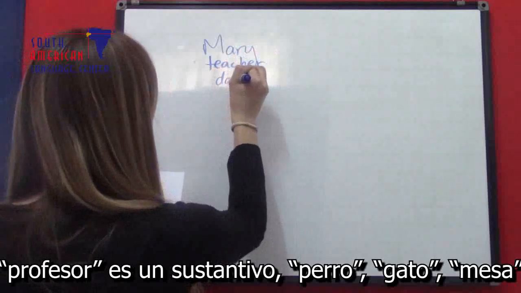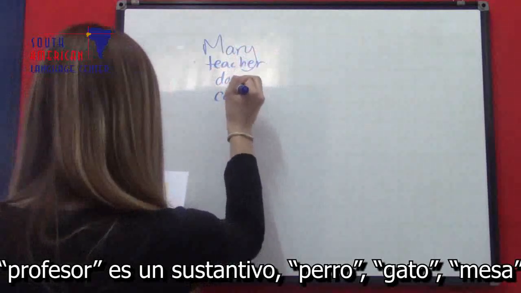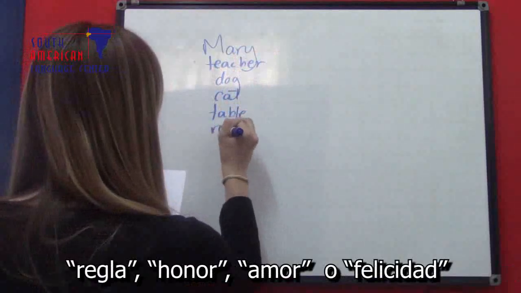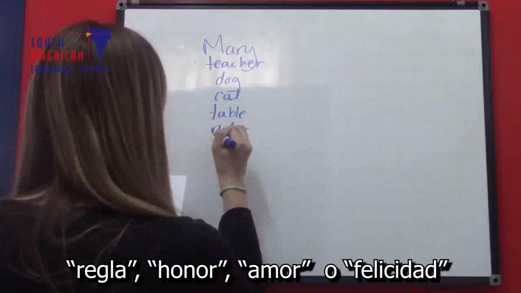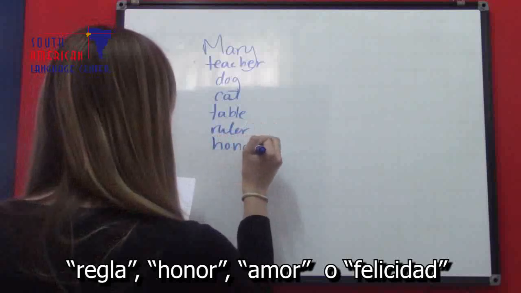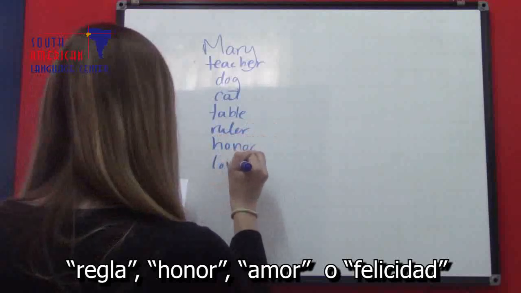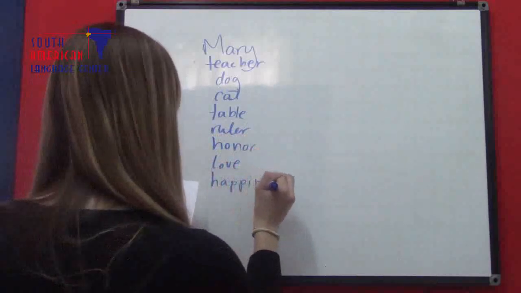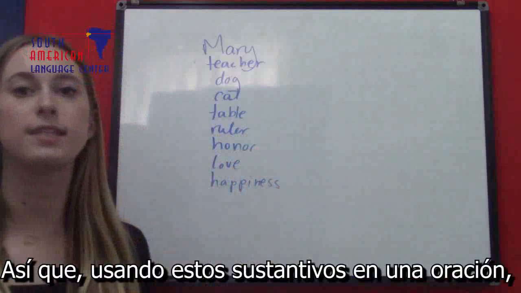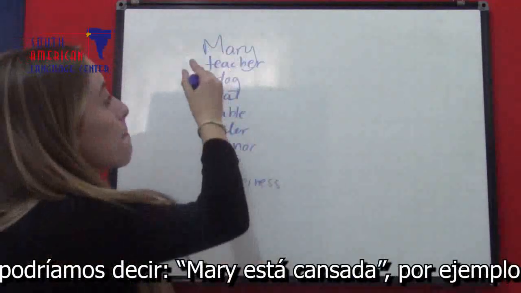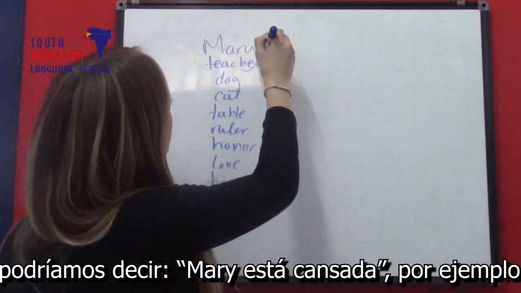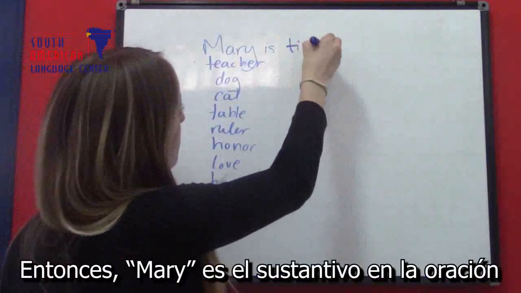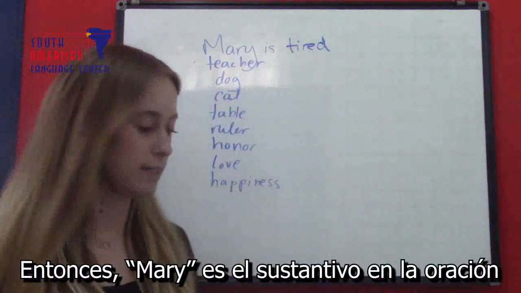Dog, cat, table, ruler, honor, love, or happiness. So using these nouns in a sentence, we could say Mary is tired, for example. So Mary is the noun in the sentence.